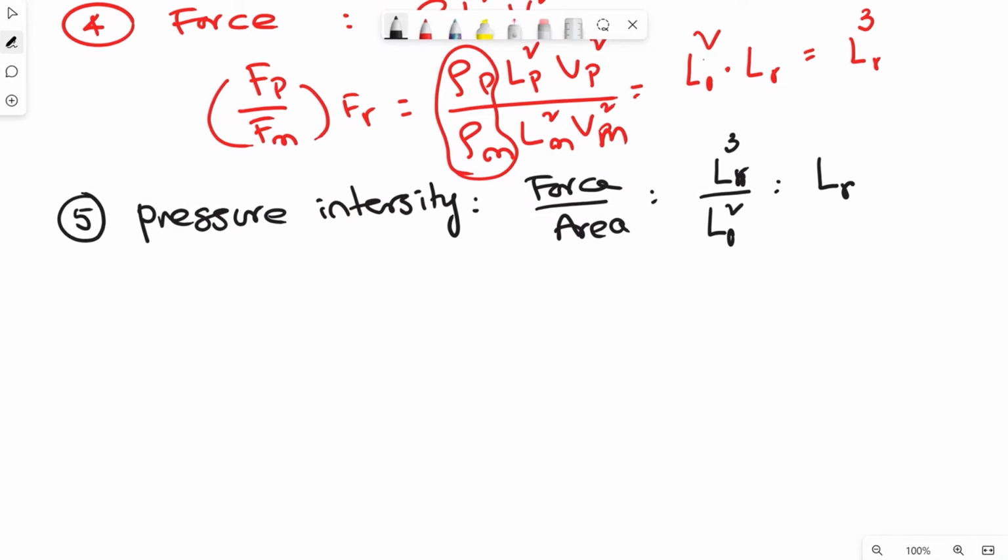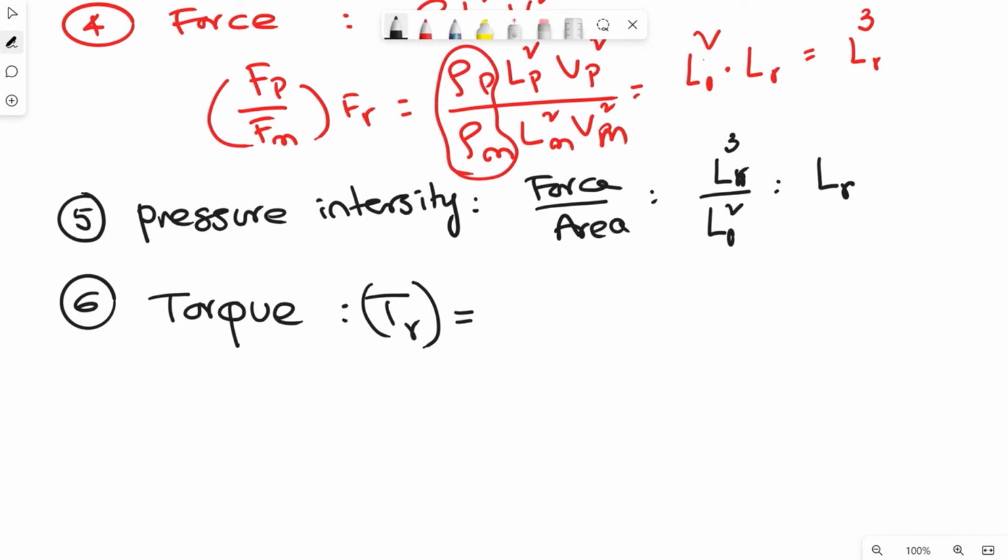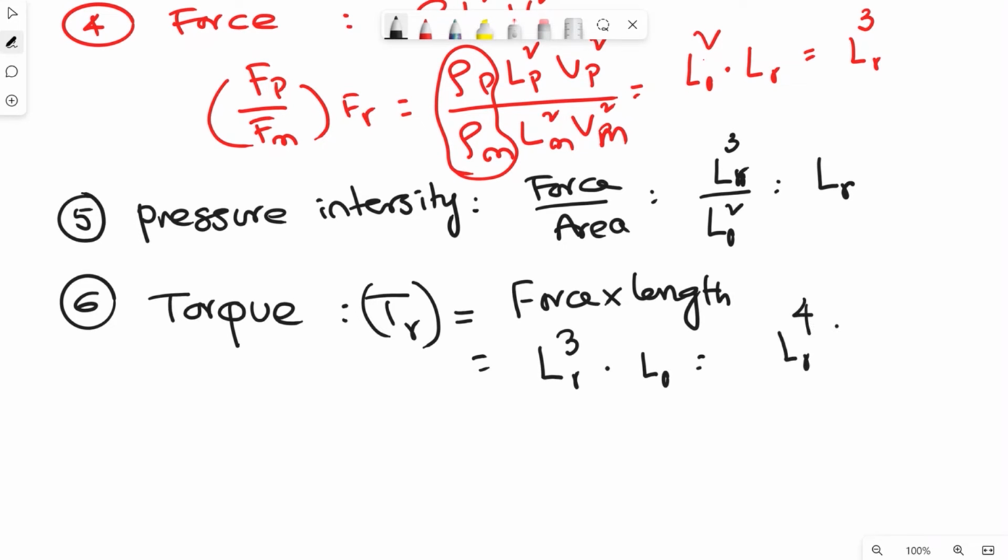Then coming to the sixth one, torque. TR, not time, here it is torque, is equal to force into length, which is LR cubed into LR. So it is LR to the power of 4. This is torque.